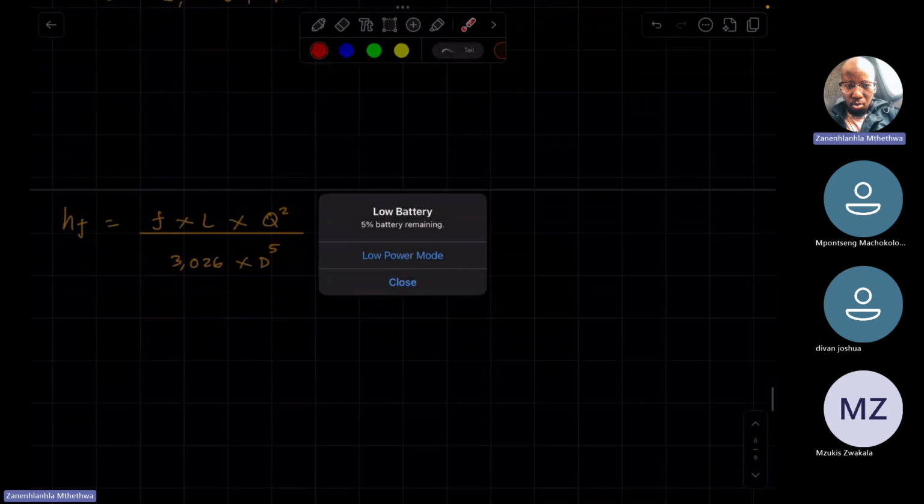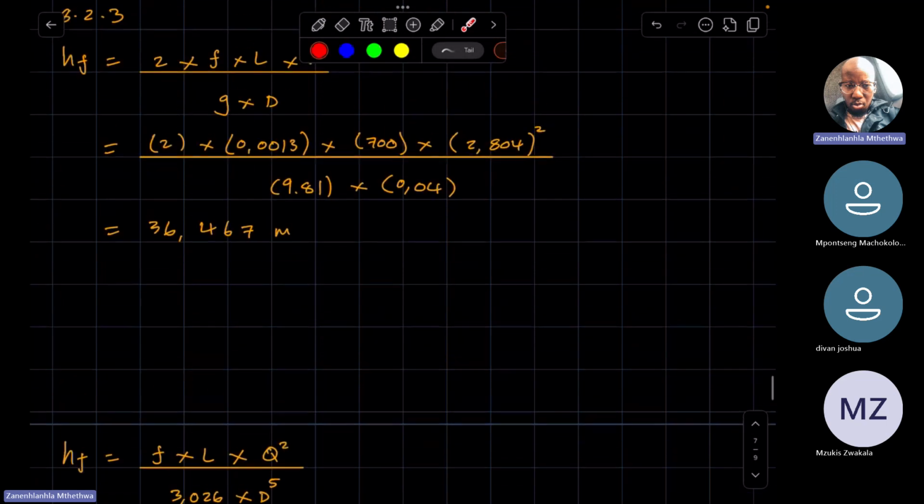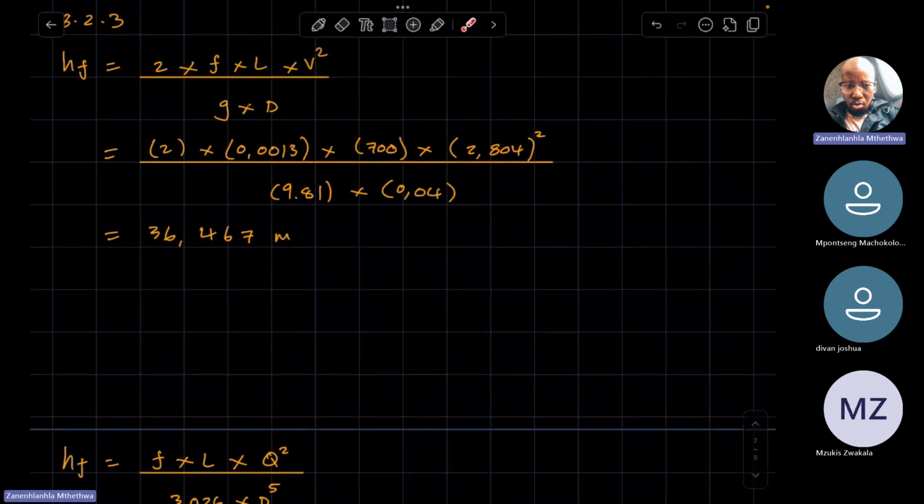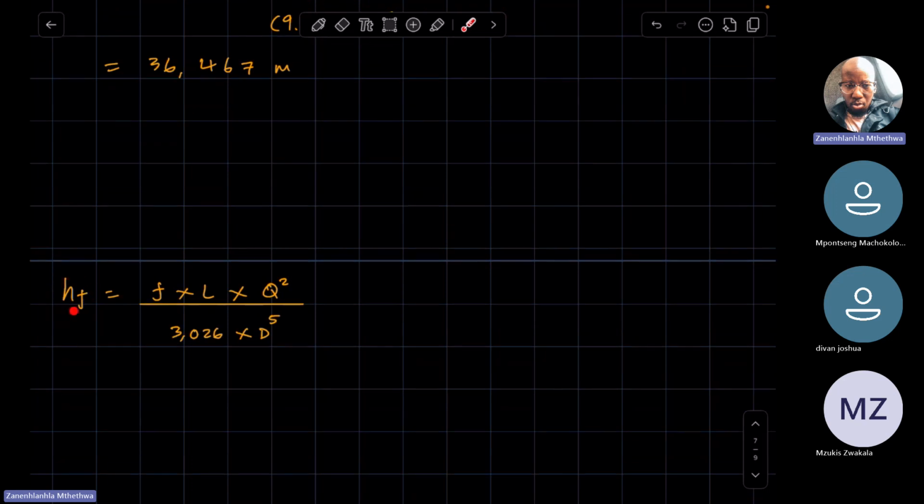The two variations are to make things convenient based on either what you need to calculate or what you've been given. If you have to calculate HF and you've been given V, then you can use this variation. Or if you have HF and you have to calculate velocity, then you can use this variation. But if you have to calculate HF and you've been given the flow rate instead, then you can use this variation and it will give you the same thing.